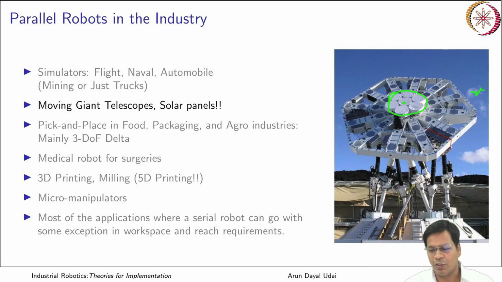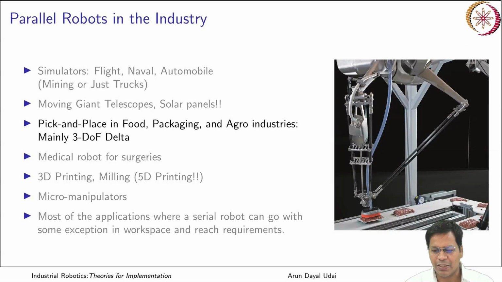So that is the reason it requires a very stiff base and a very precise end effector. So for mounting any giant telescopes or even solar panels, you normally use parallel platforms.